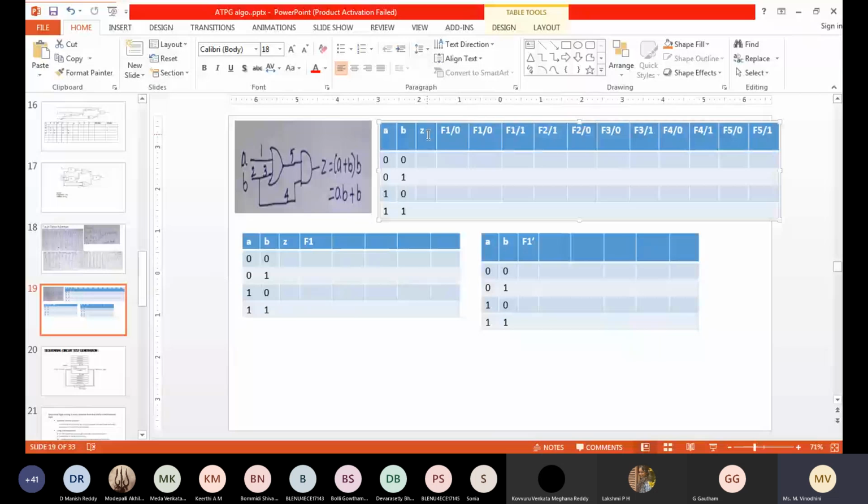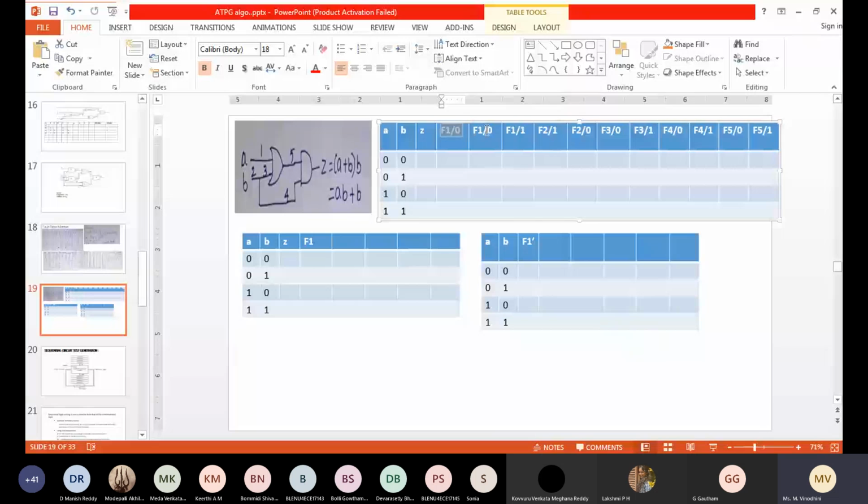Next, numbers 1 to 5 I have. The first number, 1, I represent as F1. F1 means fault at signal line 1. If I write F1/0, it means F1 represents signal line 1 having the fault 0.